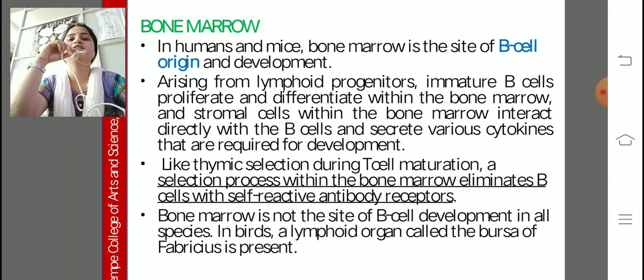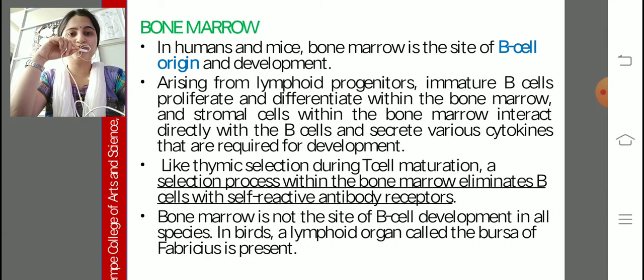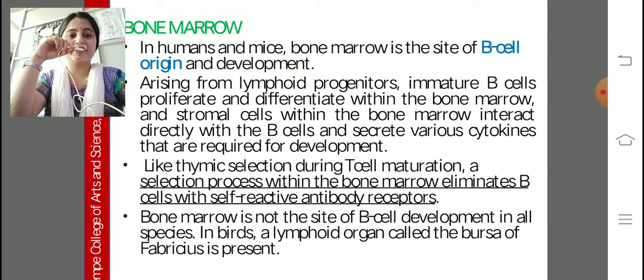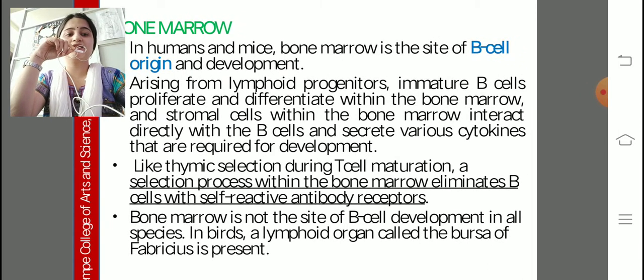Moving on to the next primary lymphoid organ, we'll talk about the bone marrow. The bone marrow is present in humans and mice, also in birds, but in birds it's a different lymphoid tissue, known as the bursa of Fabricius. Just like T cells mature in the thymus, in the bone marrow the B cells mature.